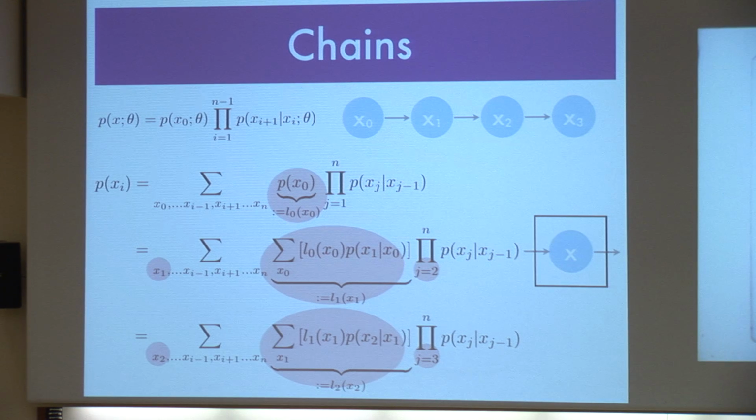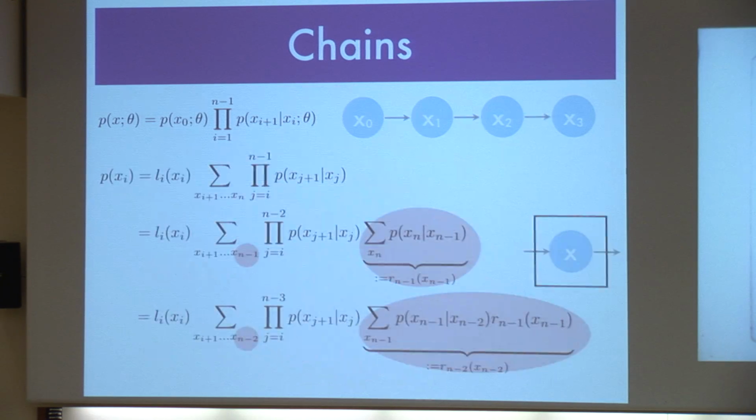I can also start from the end and get exactly the same reasoning here. I'm not going to walk you through the details, but it works exactly the same way. You take the last term, you sum over the last variable, you get something that only depends on the second last one. You then take care of the sum of the second last variable, you get something that depends only on the third last one, and so on and so on.